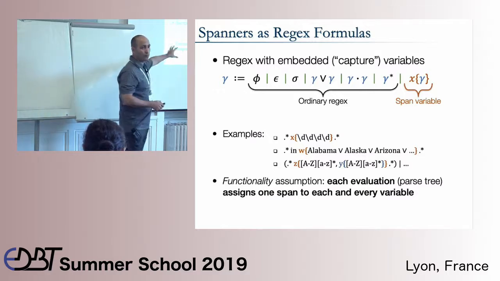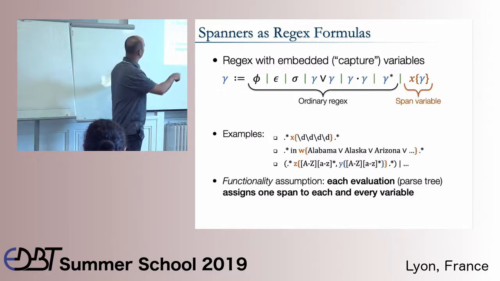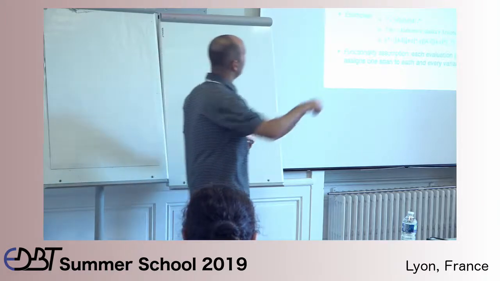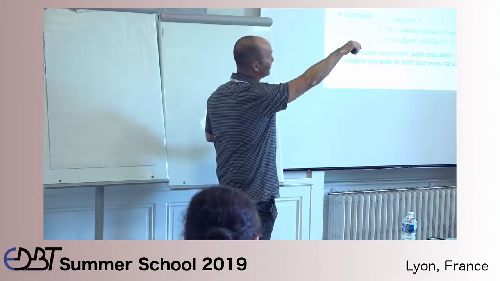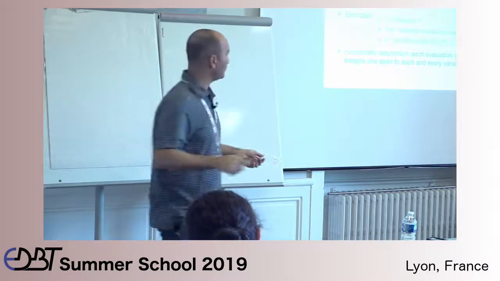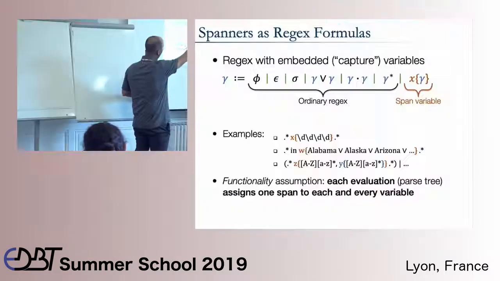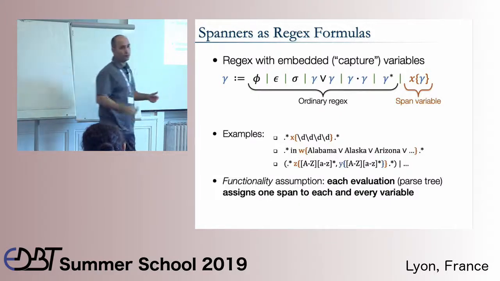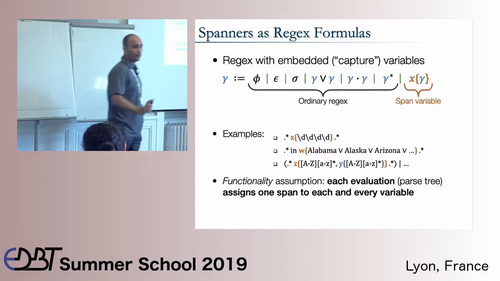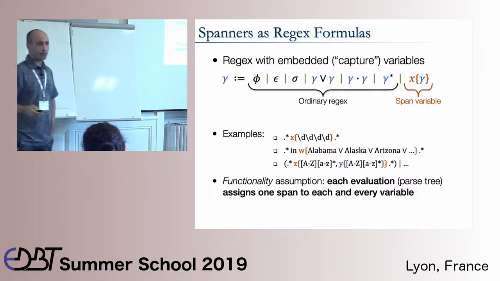I won't get into the formal definition, but it means, for example, that if you have an expression gamma 1 or gamma 2, then the two gammas should have the exact same variables. Or if you have a gamma concatenation, then the sets of variables should be disjoint. Or if you have a star, then you're not allowed to use any variables there, because then you can have multiple occurrences of the same variable. So this is an assumption that we're making.